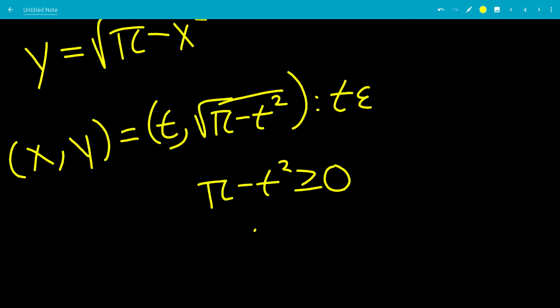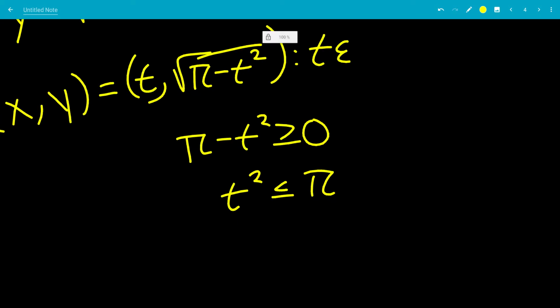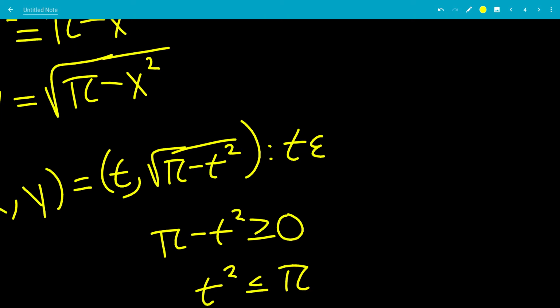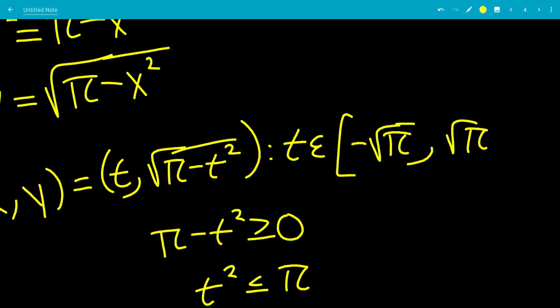This means that t squared is less than or equal to pi if you move things around. So we can write this as t is bigger than or equal to negative square root of pi, and t itself is less than or equal to square root of pi. So we can write this in bracket notation, negative square root of pi, comma, square root of pi.